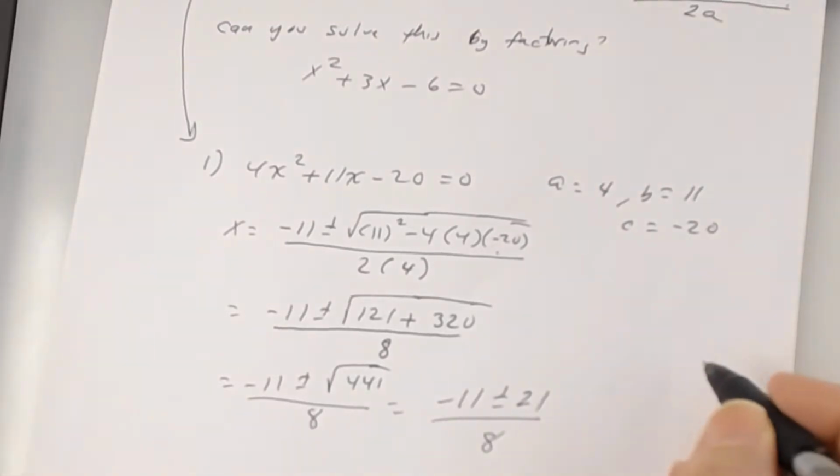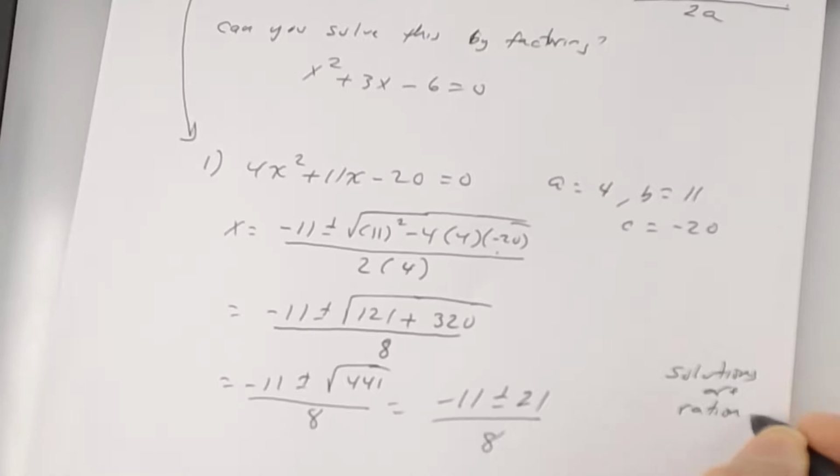I'm going to write that down. Your solutions are rational. In previous courses, you talked about two types of real numbers, rational and irrational. This one's going to be rational.